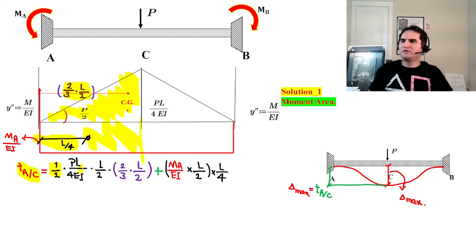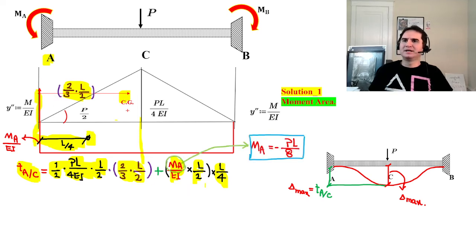So that's half of PL over 4EI times L over 2, that's the area, and that's the distance, 2/3 of the centroid, plus MA over EI times L over 2 times the distance of centroid to A. That's TA with respect to C. And this time we know MA is negative PL over 8.